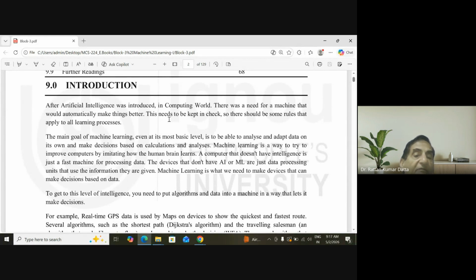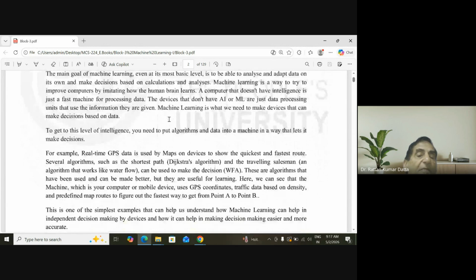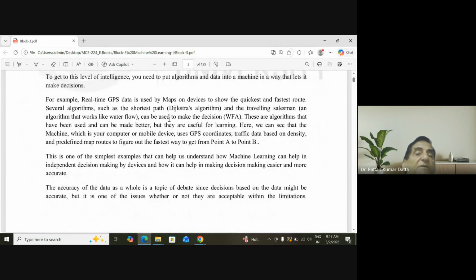To get the level of intelligence, you need to get algorithm and data into a machine in a way that lets it make decisions. For example, real-time GPS data. The GPS data, maybe you are going from one place to another, maybe tourists are going, and that shows the quickest and fastest route.